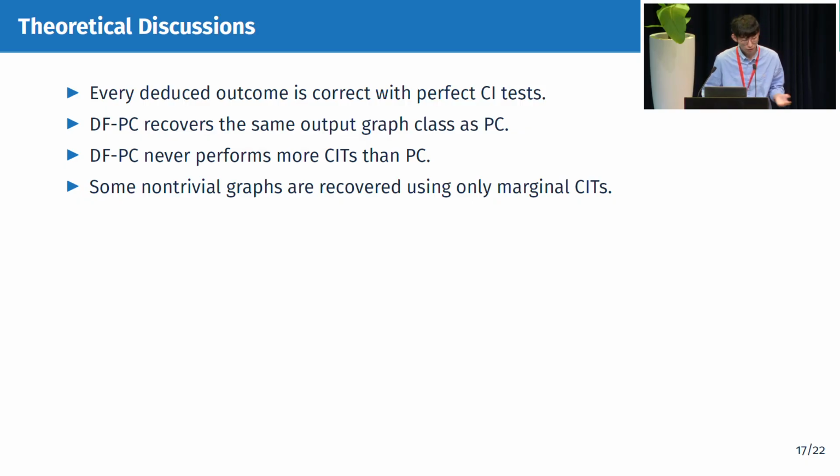And the third is that DFPC never requires more physical CITs than the PC algorithm. And interestingly, there are some non-trivial graphs that DFPC can recover using only the marginal CITs, which is not the case for the PC algorithm.